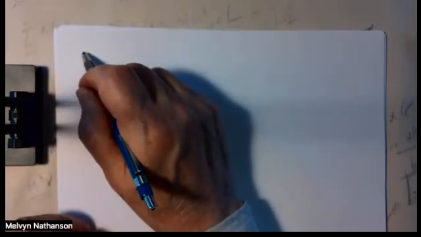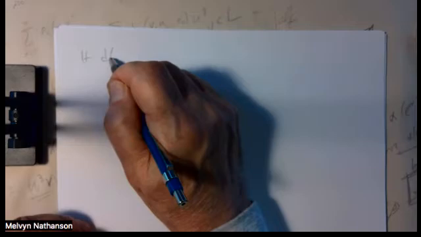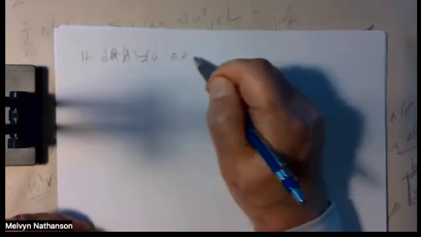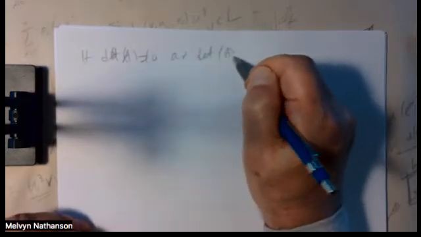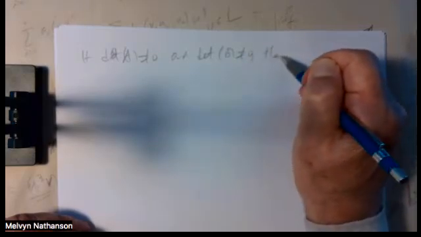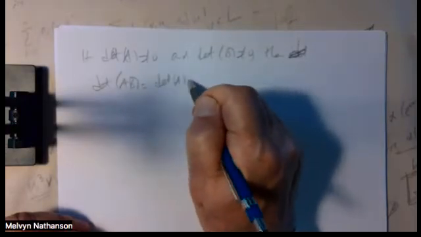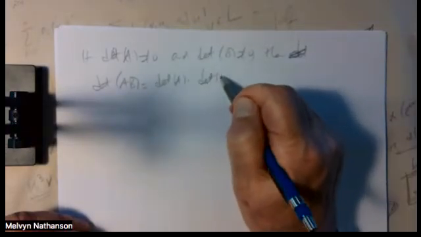So if the determinant of A is not zero, and the determinant of B is not zero, then the determinant of AB, which is the determinant of A times the determinant of B, a product of two non-zero numbers, is non-zero.